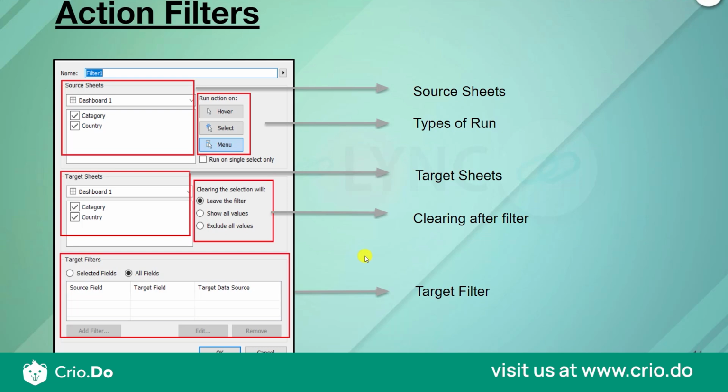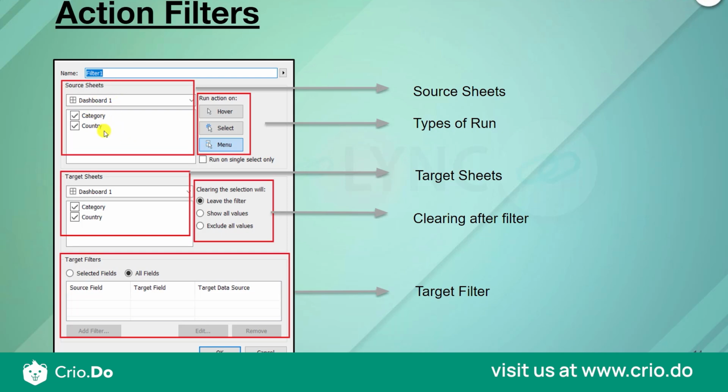The first box is the source sheets, and it will ask from where you are applying the filter. Action filters basically work from one sheet to the other, so you need to send the data from this one to that one. We have the source sheet and we have a target sheet.